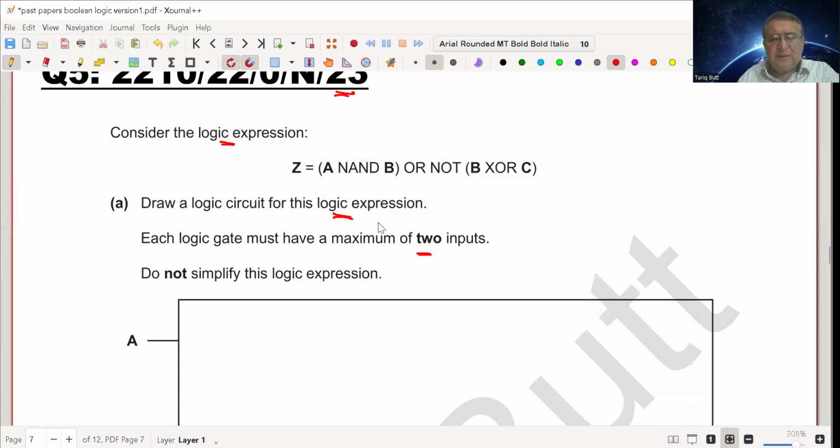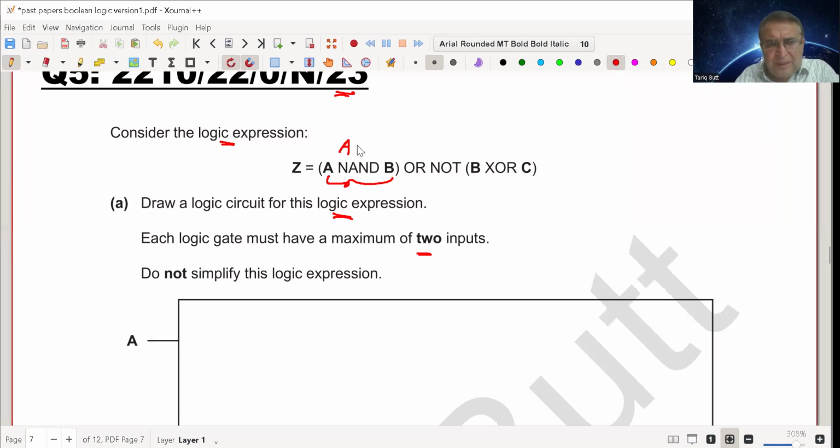Fine. So let's see this sub expression first. This is A NAND B. You can also write down its Boolean expression, because when you are going to draw the truth table, it is more convenient. Otherwise, you can go as such, no problem.